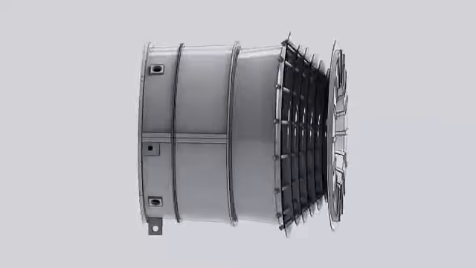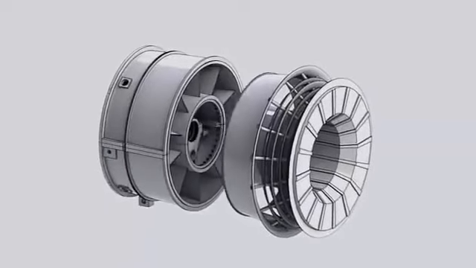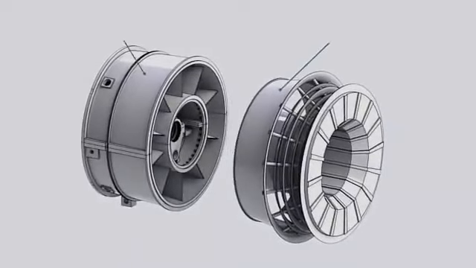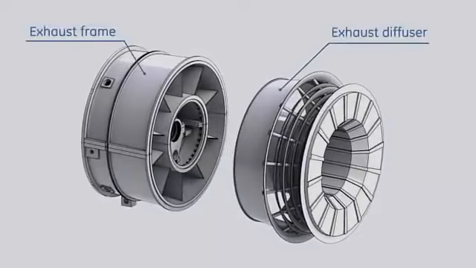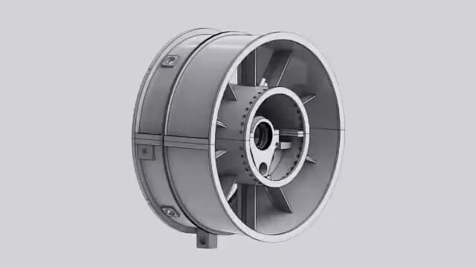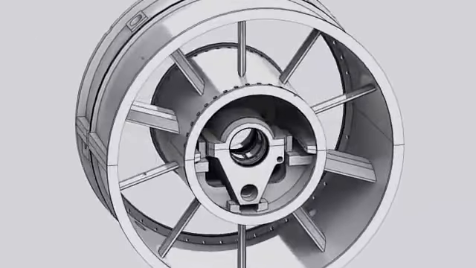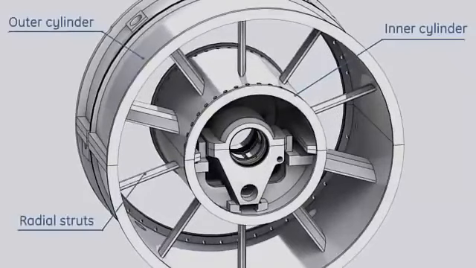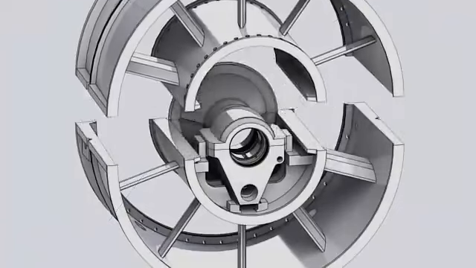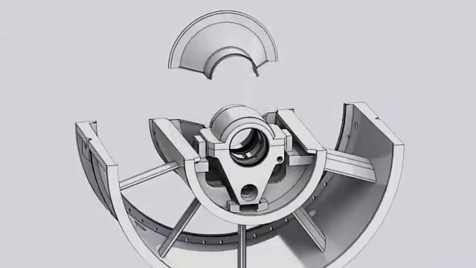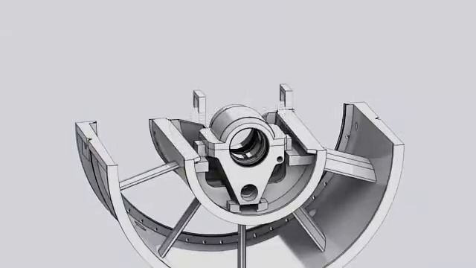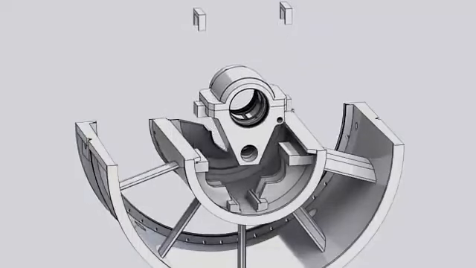The exhaust assembly consists of two parts, the exhaust frame and the exhaust diffuser. The exhaust frame consists of inner and outer cylinders connected together by 10 radial struts. The inner cylinder supports bearing number 3.